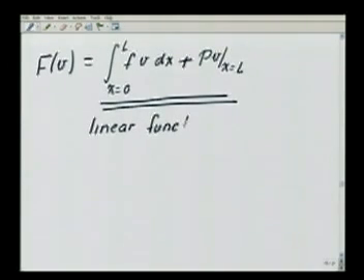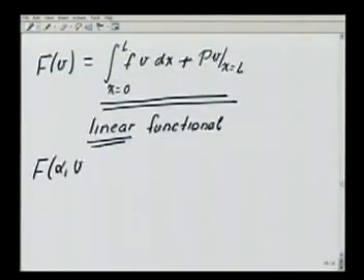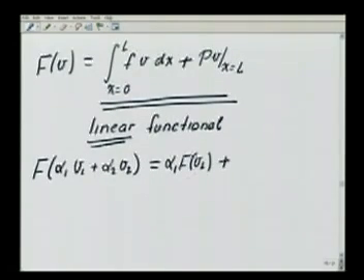Just like we have defined the functional earlier, what f does is it takes the function v and gives us a number f of v. And why is it linear? It is linear because if I now take two functions, alpha 1 v1 plus alpha 2 v2, f of that, if you put it in the expression above, is equal to alpha 1 f of v1 plus alpha 2 f of v2.